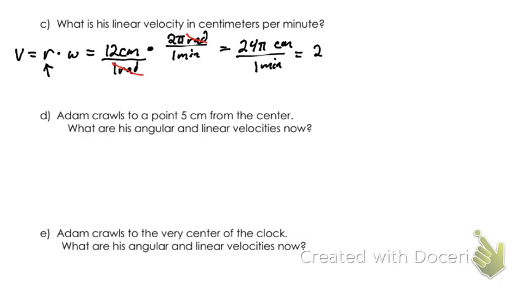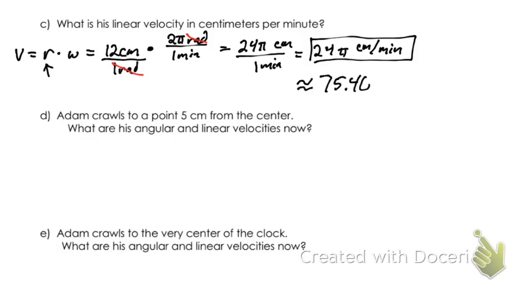Which we could rewrite as 24 pi centimeters per minute. Or, like I said, a lot of times you are going to approximate it, especially if you're giving centimeters per minute. Usually you don't leave pi in it, so a lot of times you're just going to approximate it to 75.40 centimeters per minute. So if I was asked to give an answer, I'd probably approximate it.